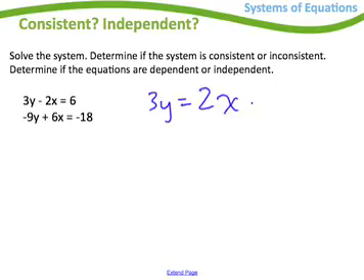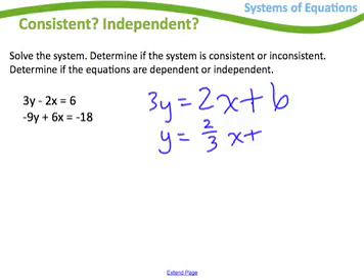So I have 3y is equal to positive 2x plus 6. We'll divide both sides, or everything, by 3, so I'll get y equals 2/3 x plus 2. So that's for the first equation. So the slope is here, y-intercept is here.